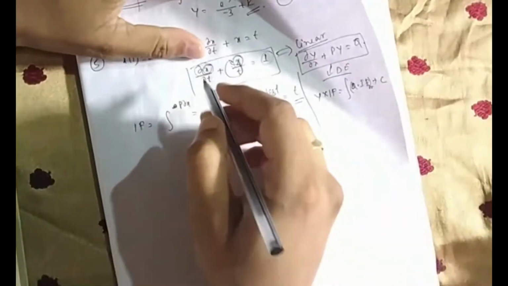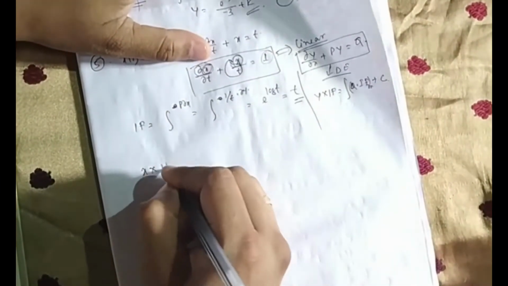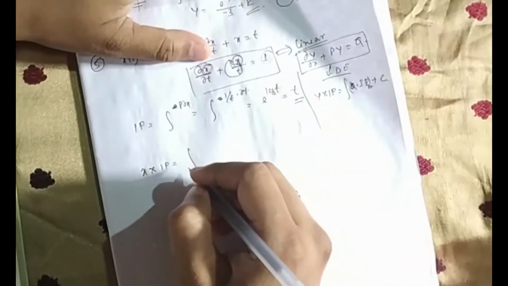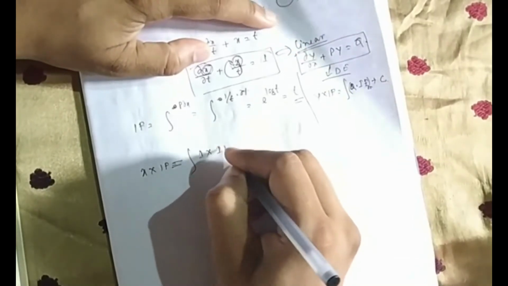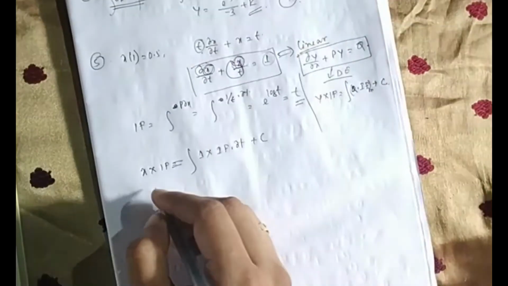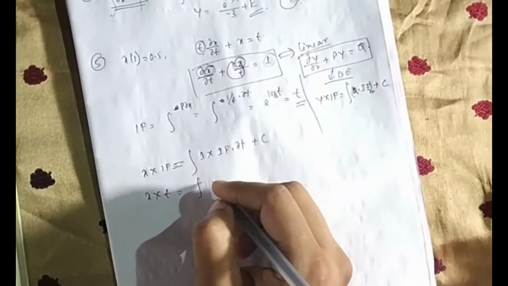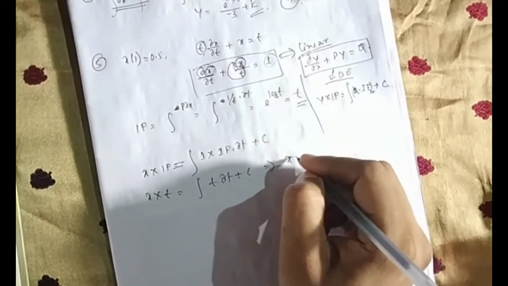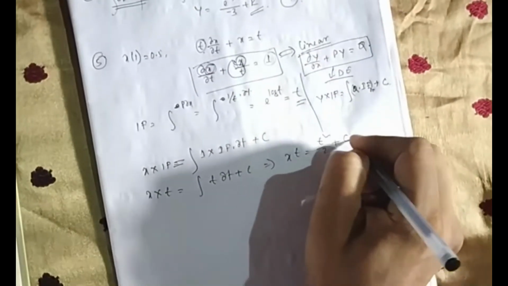So here what will be? Here your x is your y, so it will be x into IF is equal to integral of q, which is here 1, into IF dt, plus c. So x into IF is xt, and the integration of t dt plus c, so it implies xt is equal to t square by 2 plus c.